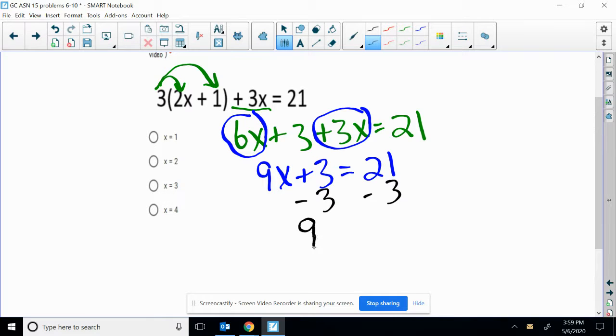All we have left on this side of the equation is 9x. 21 minus 3 is 18. Multiply or divide. They multiplied, so we're going to divide both sides by 9. 18 divided by 9 is 2. Our solution, x equals 2.